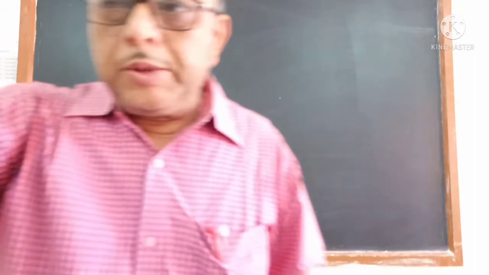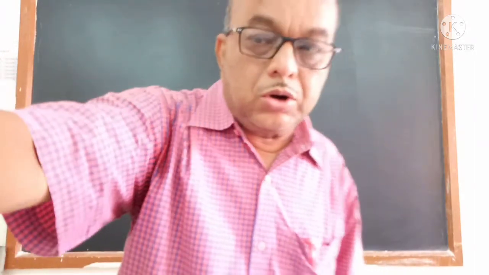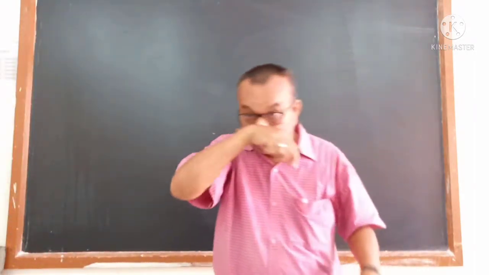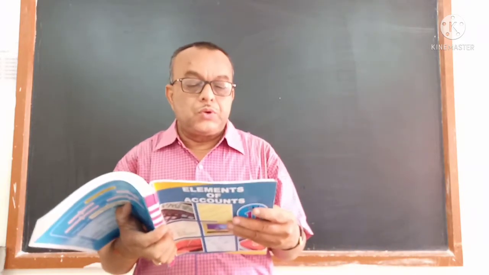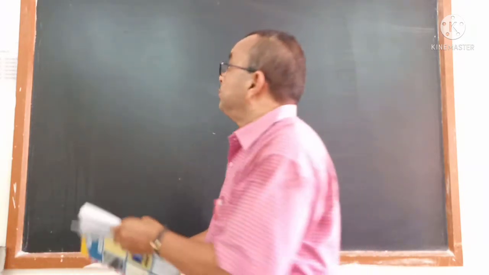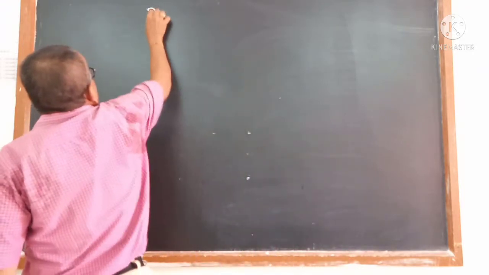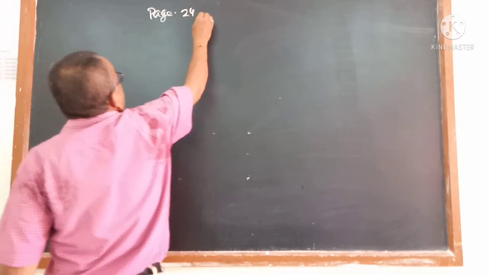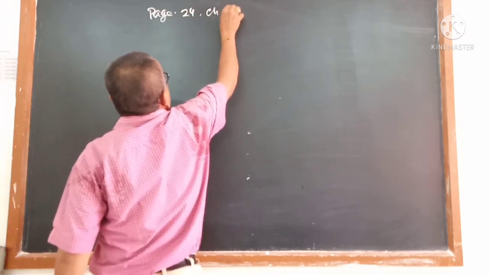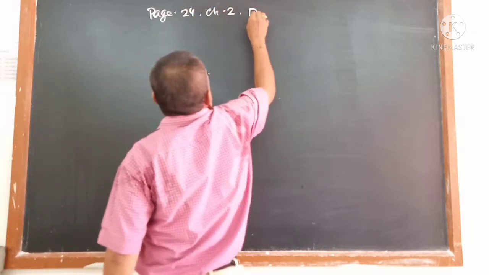If you do not understand in any place, you can tell me, because from the very beginning I want to clear all your practical doubts. Page number 24, chapter 2, dual effect.